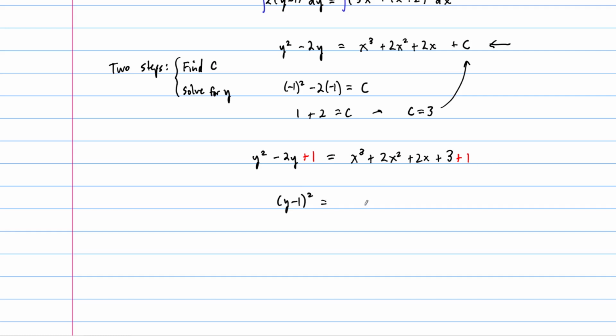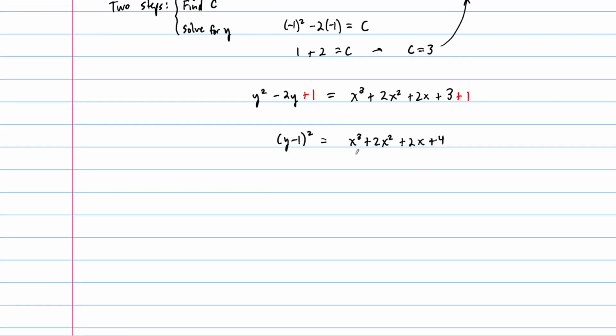On this side, we have all of this, so x cubed plus 2x squared plus 2x plus 4. And then we have to square root, add the 1. We end up with this, y equals 1 plus or minus, right? Square root of all this stuff.